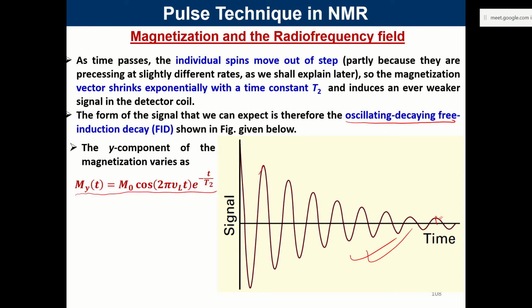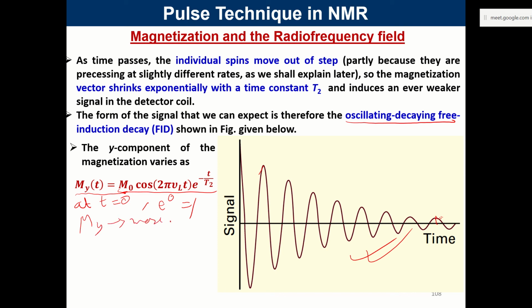If M naught is the original magnetization vector that you had, M naught is the max, so you can think of the maximum value at t equal to 0, when initially this e to the power 0 will be equal to 1, and so My has its maximum value.